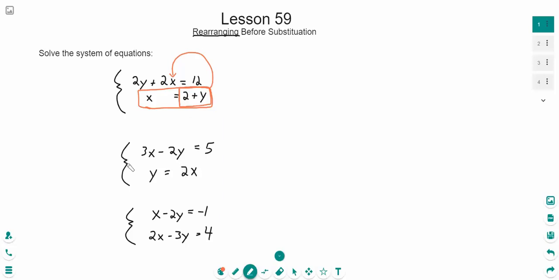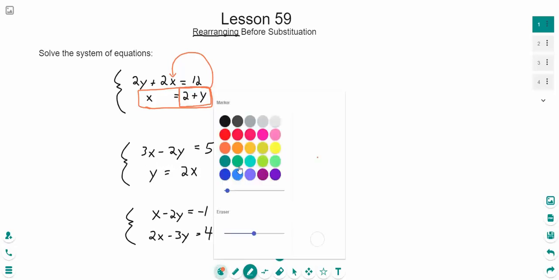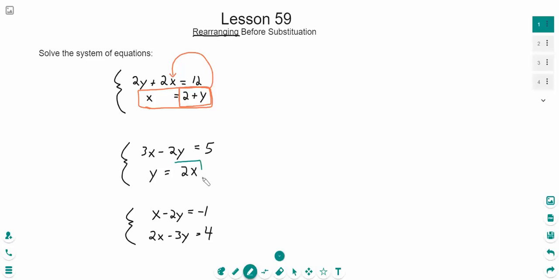Another possible scenario, just a different variation of the same problem, is this second one here. In this one, we again have two equations, but now we have y is equal to something. And again, we just say, why don't we just take this 2x, which is equivalent to y, and plug it in for the y in the first equation.